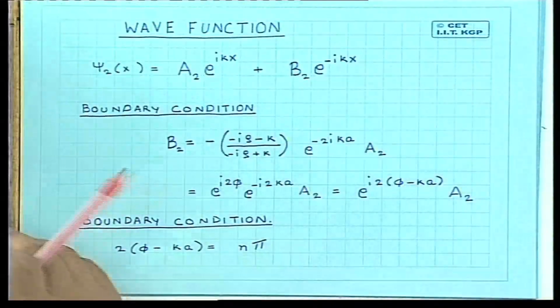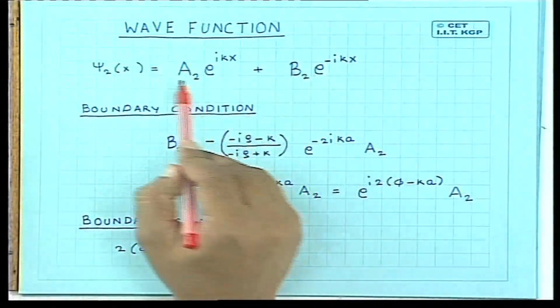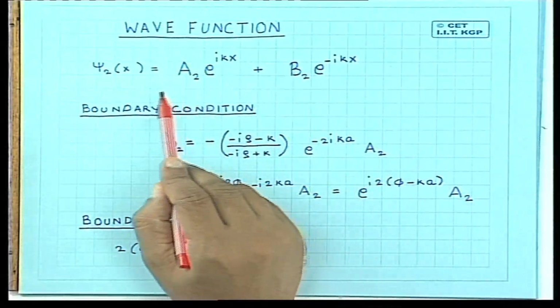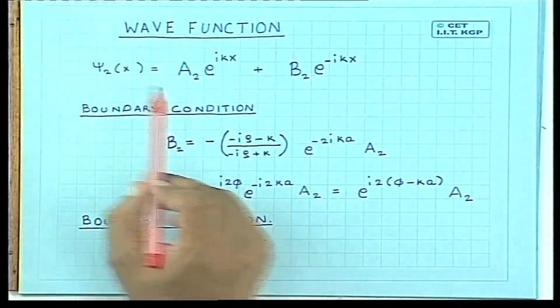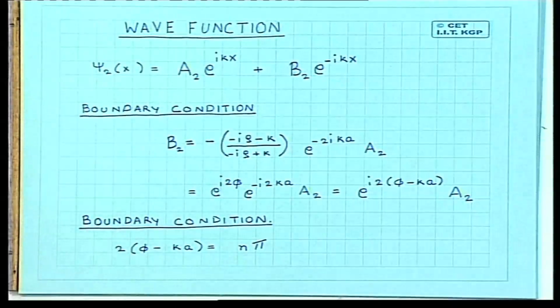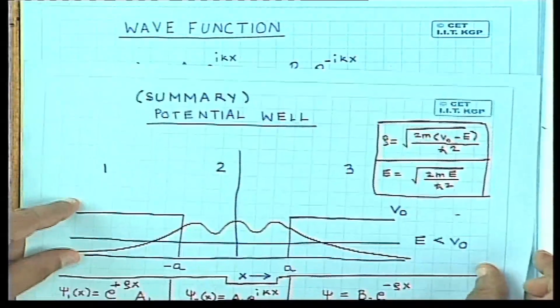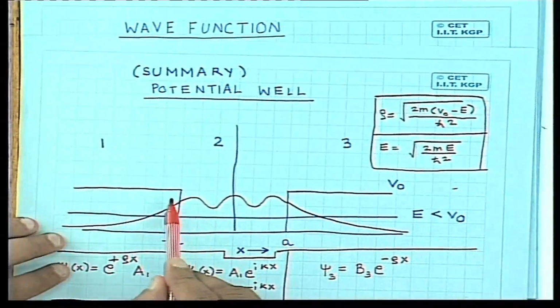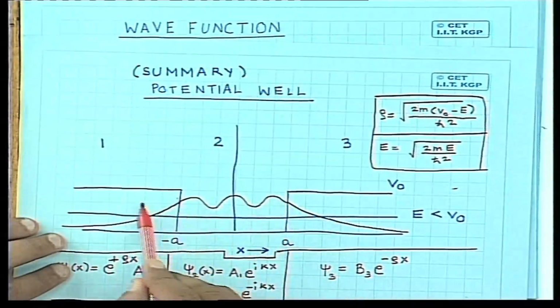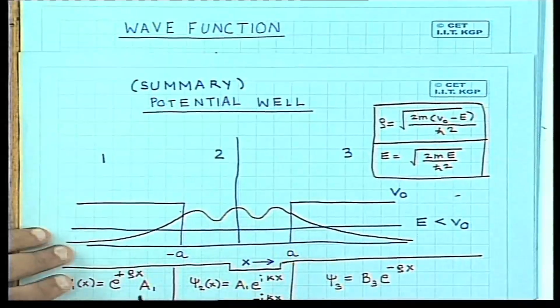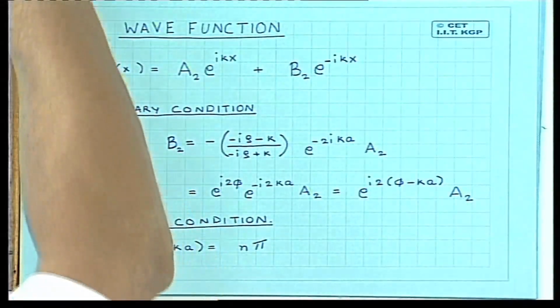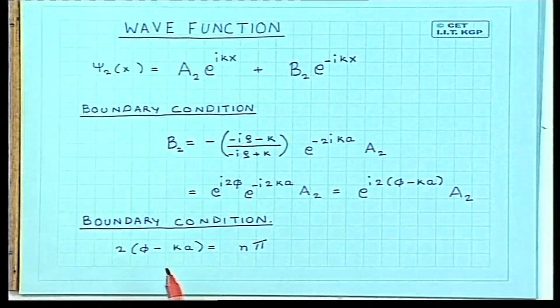Now we have to match the boundary conditions. We have to match this wave to the exponentially growing and exponentially decaying waves which we have on the two sides of this wave function. So we have to match the boundary conditions here and here for this wave function. Psi 2 is in between over here, and these boundary conditions impose the following.